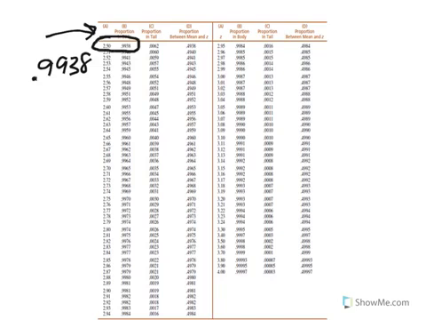So again, what we've determined is, given the unit normal table and using a z-score of 2.5, the probability of obtaining a z-score less than 2.5 is 0.9938, or there's a 99.38% chance that we would select a score that is equivalent to a z-score of 2.5 or less than that.